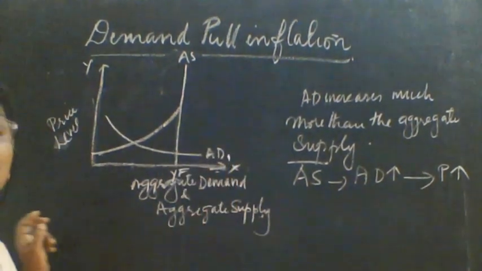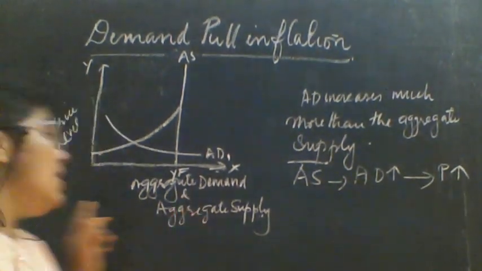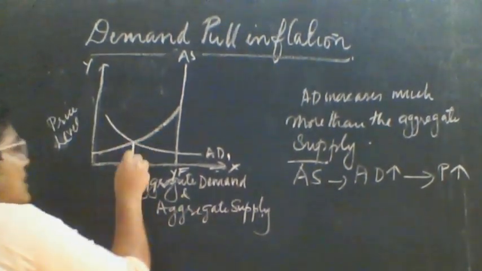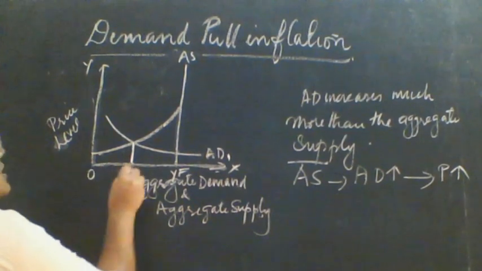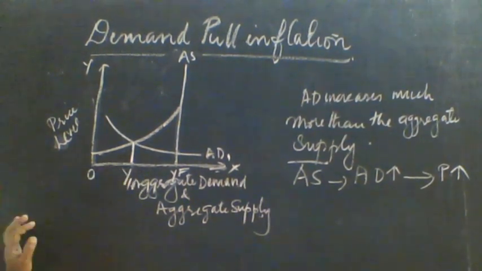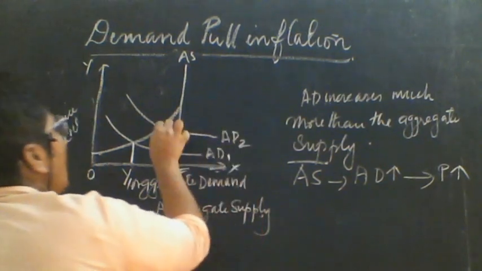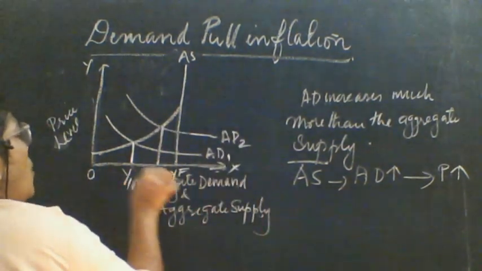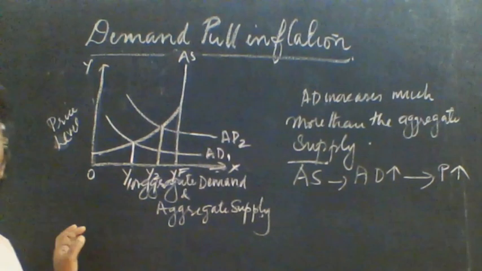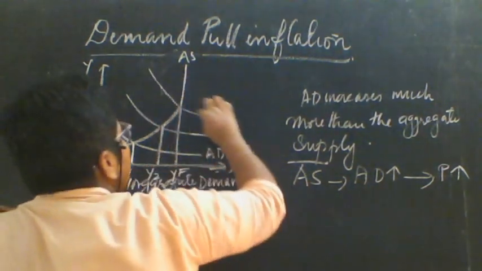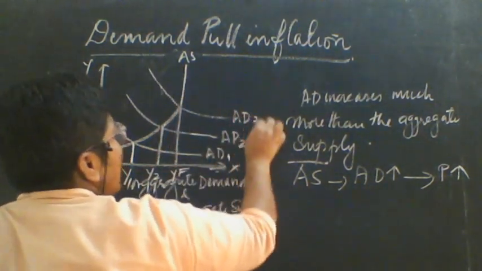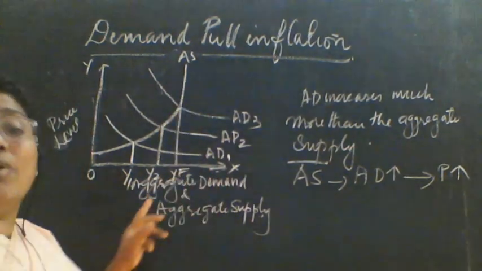When aggregate demand increases to AD2, output also increases to OY2. When aggregate demand increases to AD3, output increases to OYF.